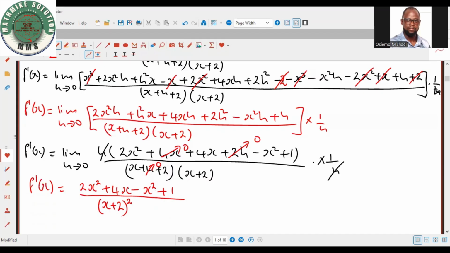So 2x squared minus x squared, you'll have as x squared plus 4x plus 1, and this over x plus 2 squared. And that is the solution to that question.